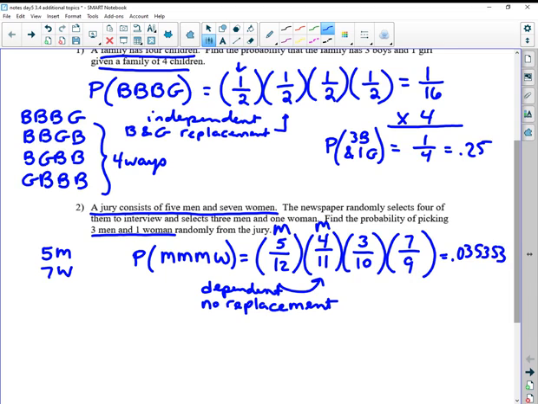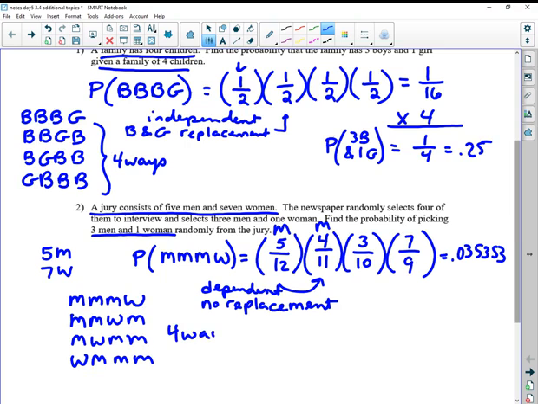But just like before, we could have our situation with the woman being picked third, or the woman was picked second, or the woman was picked first, and then just men. So again, 4 ways to accomplish this situation. The probability of each one of these situations is exactly the same.